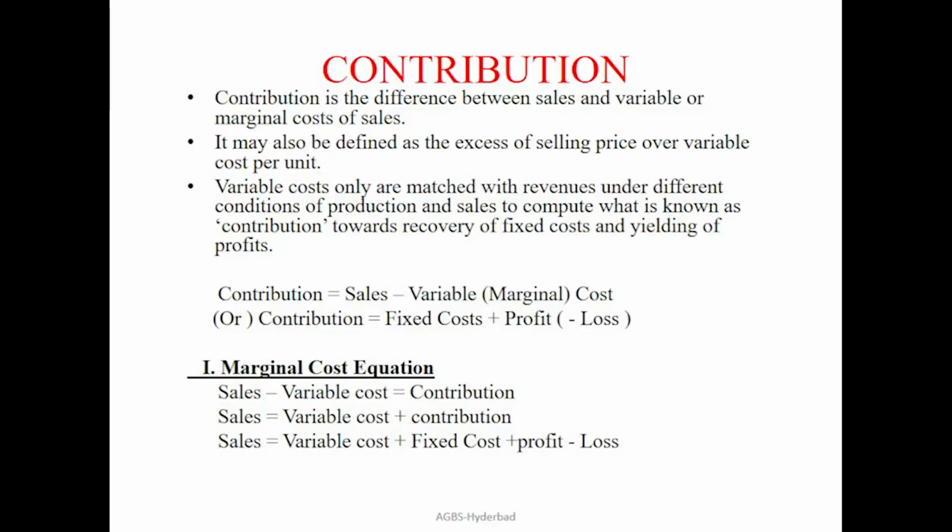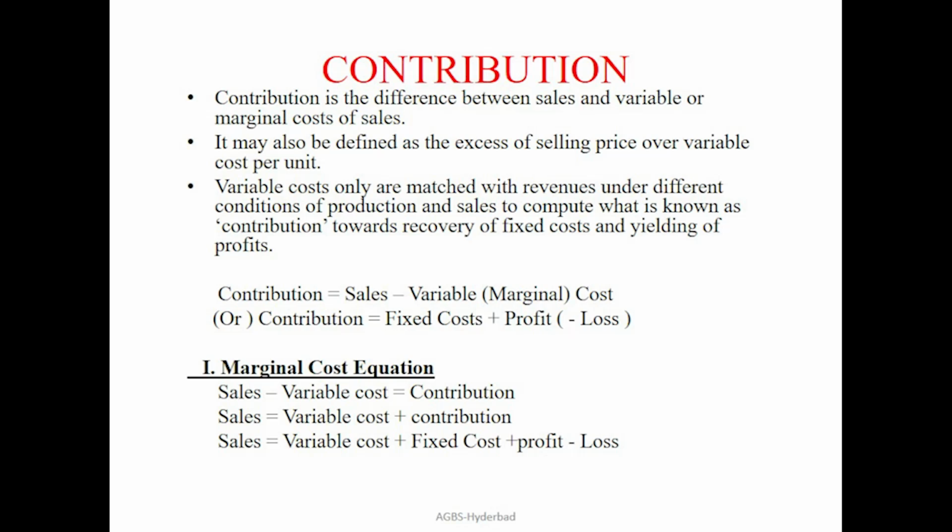So, contribution equals sales minus variable costs, or contribution equals fixed cost plus profit. Why? Because the marginal cost equation gives clearly that sales minus variable cost is the contribution, or sales equals variable cost plus contribution, or sales equals variable cost plus fixed cost plus profit.